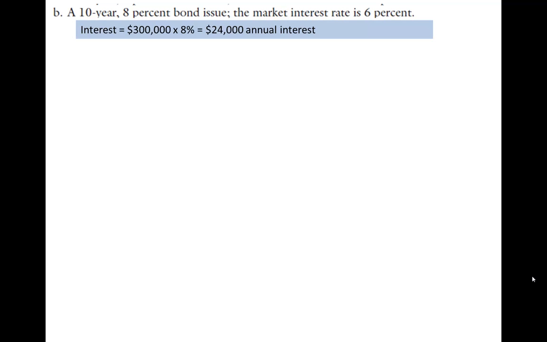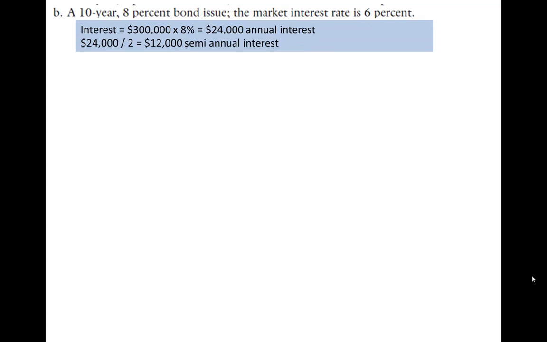Now let's look at what happens when things change a little bit. So for B, we're still going to have a 10-year, and we're still going to have the 8% bond issue, but the market interest rate is going to change. So our factors from the appendix are what are going to change. So we still have our interest, 8% face rate, so we still have $12,000 in interest paid semi-annually.